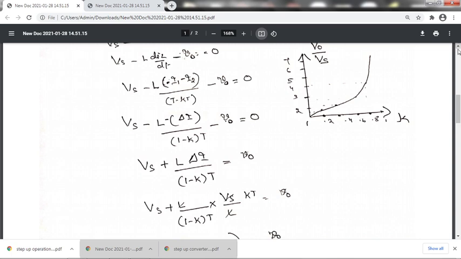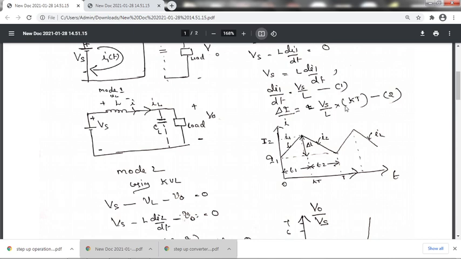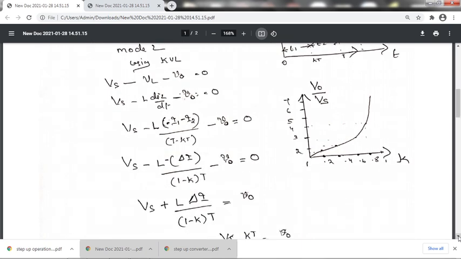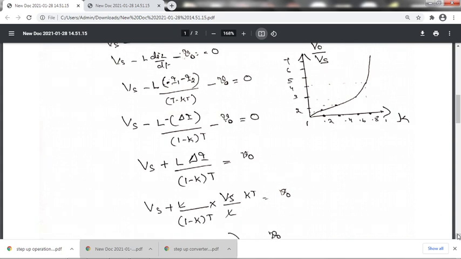Delta I we have already derived in the previous equation. Delta I is nothing but Vs by L into kT. If you substitute this equation here, Vs by L into kT, so L cancels, T cancels each other.